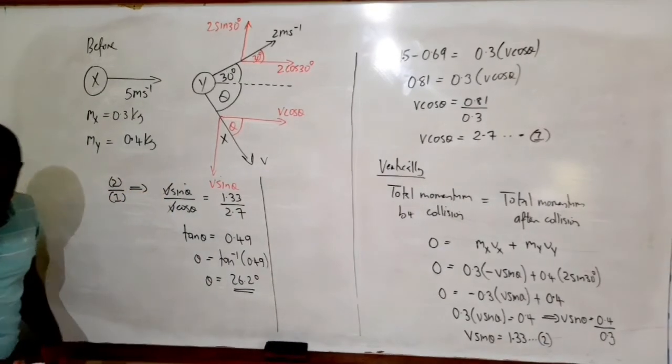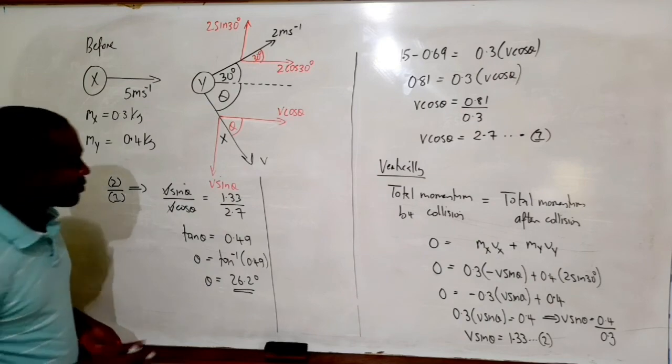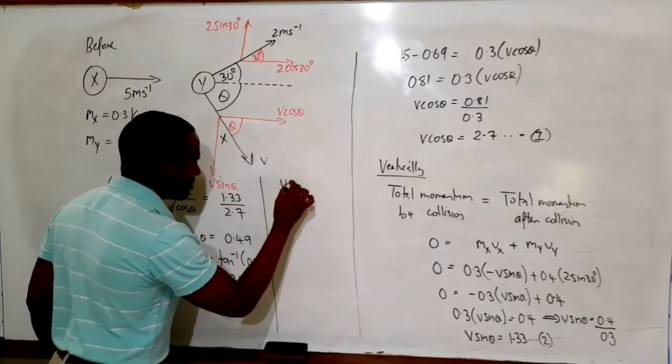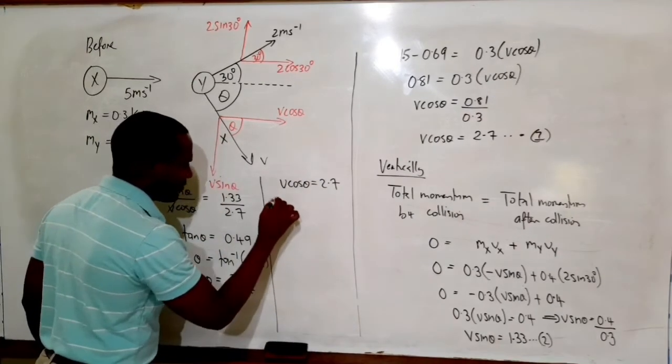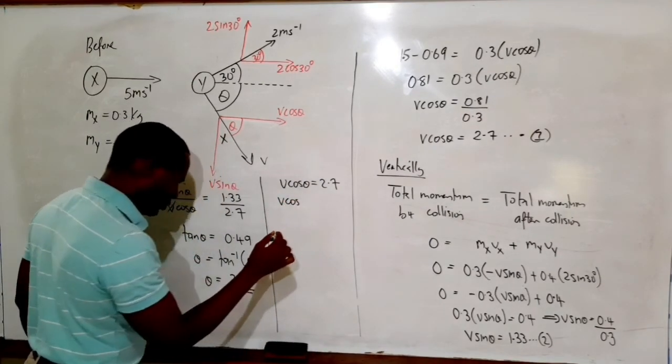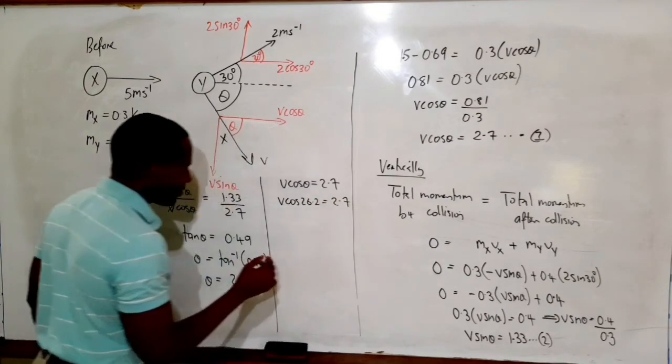Right? So let's substitute it into equation 1. So v cos theta equals 2.7. So v cos 26.2 equals 2.7.